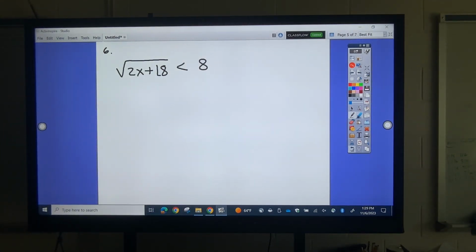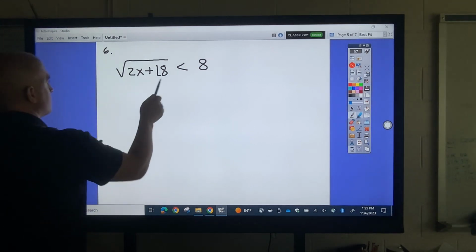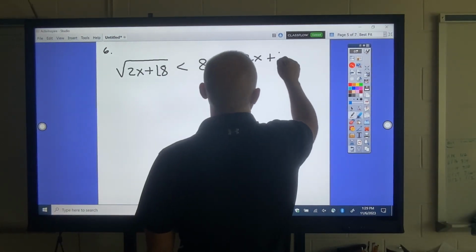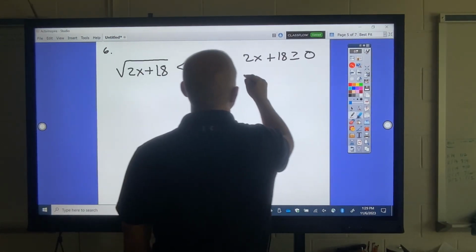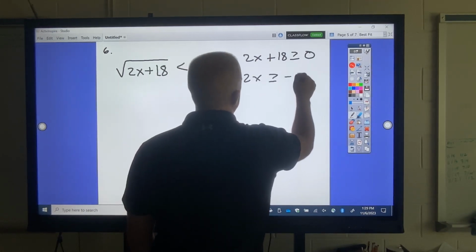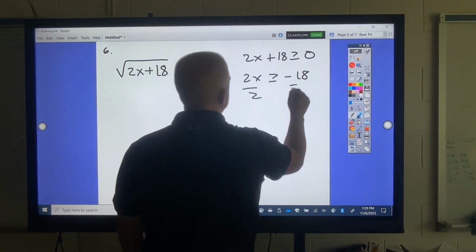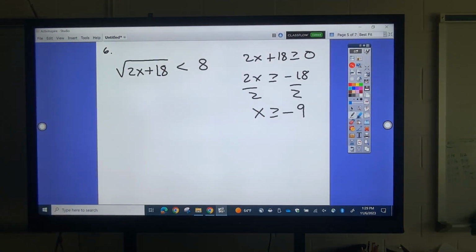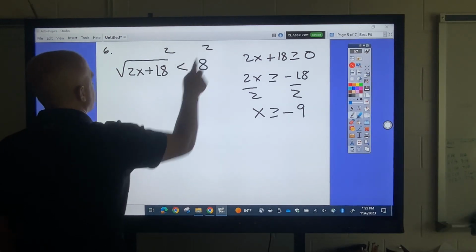Okay. Now, this one on appearance, I got to solve this. I got to have 2x plus 18 greater than or equal to 0. That's 2x greater than or equal to -18. Okay, x has got to be greater than or equal to -9. All right, I'm going to solve this square and square.